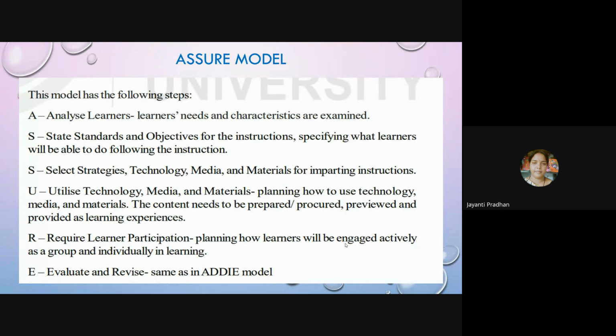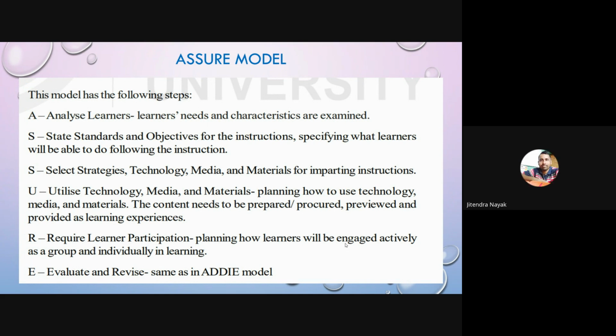Are you finding any similarities between the previous two models and these two models? Is there any similarity? Yes, ma'am. Analyze. In the previous models, the ADDIE model and the Dick and Carey model, cite one point each.